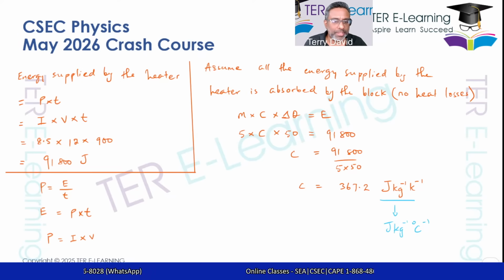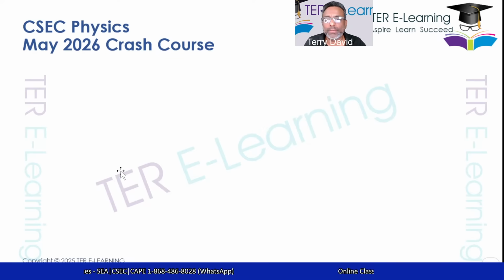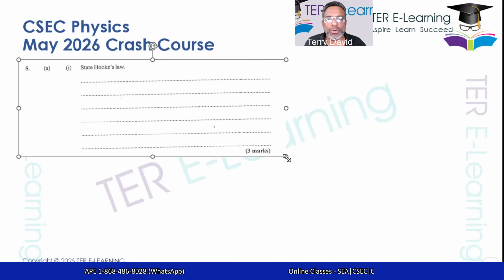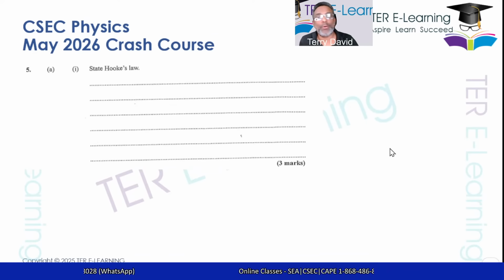All right, number 5. Let's see what number 5 is about. We want Hooke's law. By the way, Hooke's law can come as question 1 in your exam.